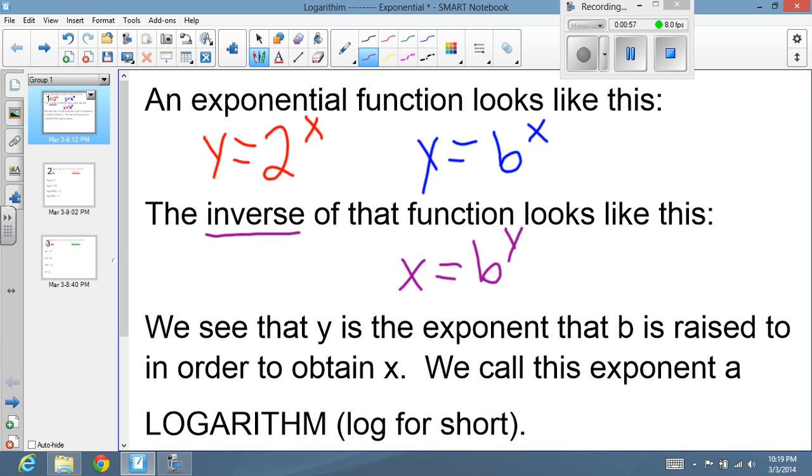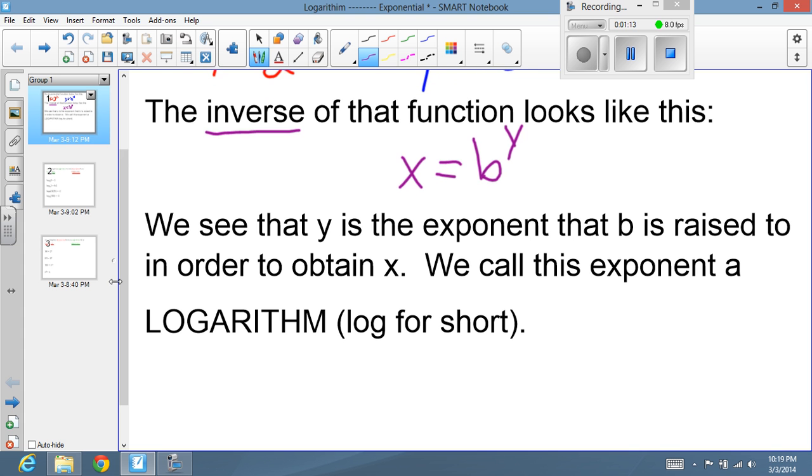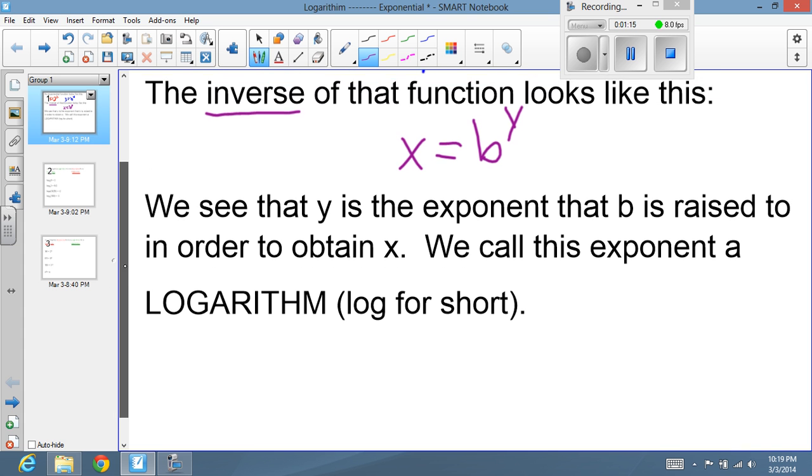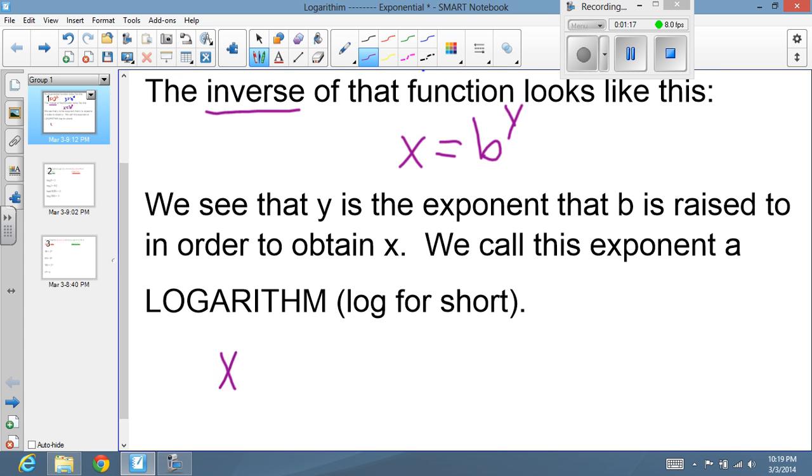And what we're going to talk about next are called logarithms. And we see that y is the exponent of b, or that b is raised to in order to obtain x. That exponent is called a logarithm, or a log for short. Now let me show you what a logarithm looks like compared to this x equals b to the y power.